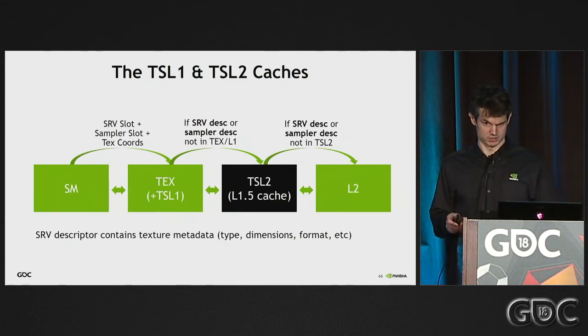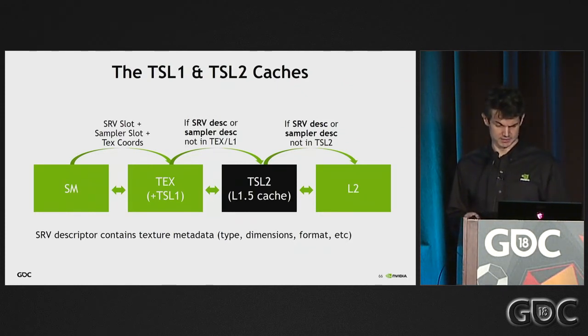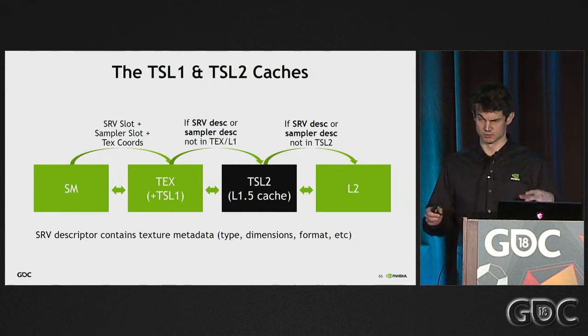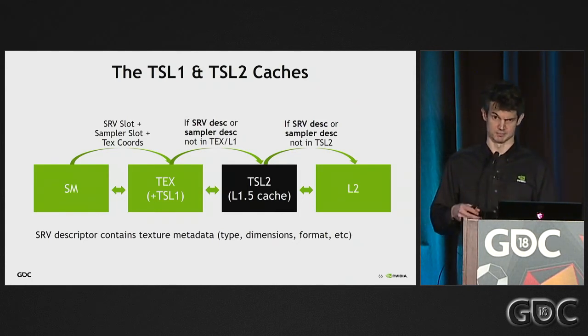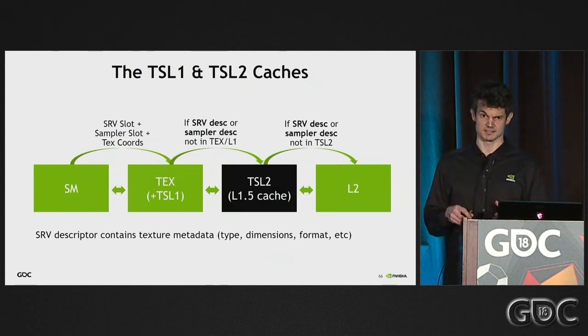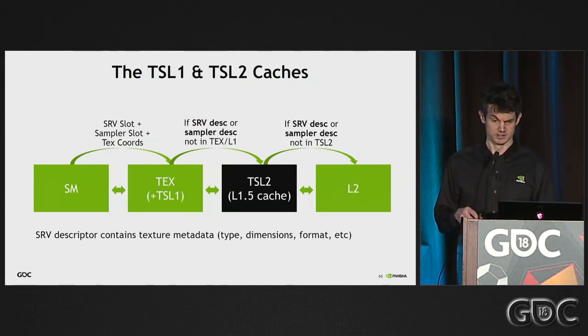The shader is sending over a tex fetch instruction with an SRV slot number and a sampler slot number, and the tex unit needs to fetch this metadata. It effectively caches it inside of the tex unit. That's the TSL1 cache. So it has its own mini cache inside of the tex unit for this metadata. But if the data is missing in the cache, it has to fetch it from another cache, which is called the TSL2 cache.